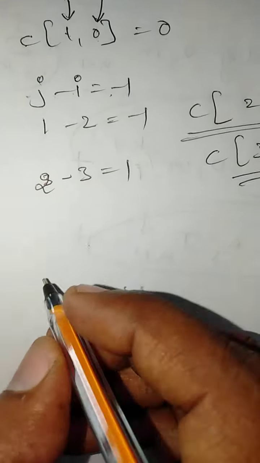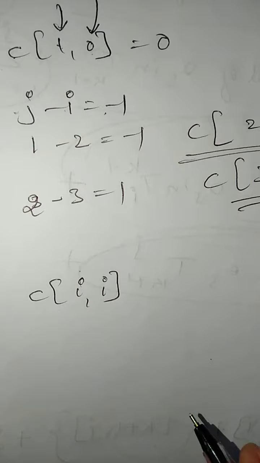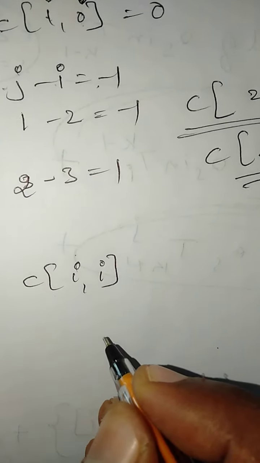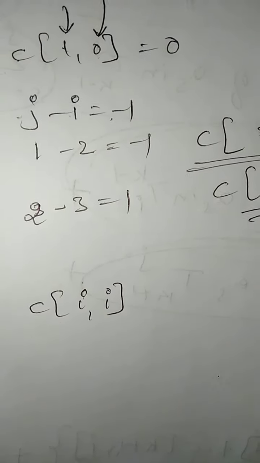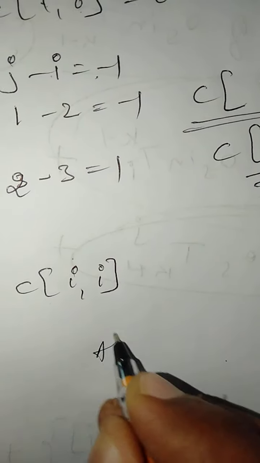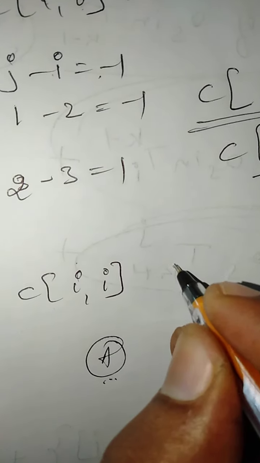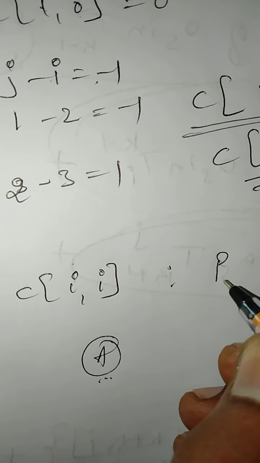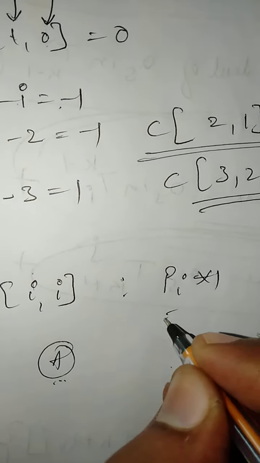Next, similarly, C of i comma i, what does it mean? It means we have only one element, only one key value. That itself will be the binary search tree, and the number of comparisons is just the probability of i times the number of comparisons, which is anyhow 1, so it is nothing but Pi.